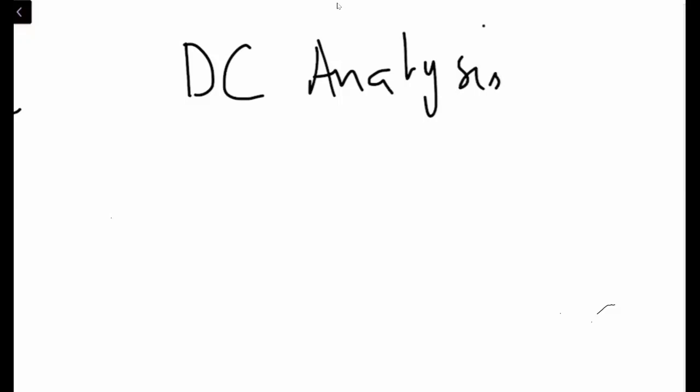We will be looking at the DC analysis of various circuits, right? Now, the first circuit which we are going to take a look at is called the fixed bias configuration circuit.